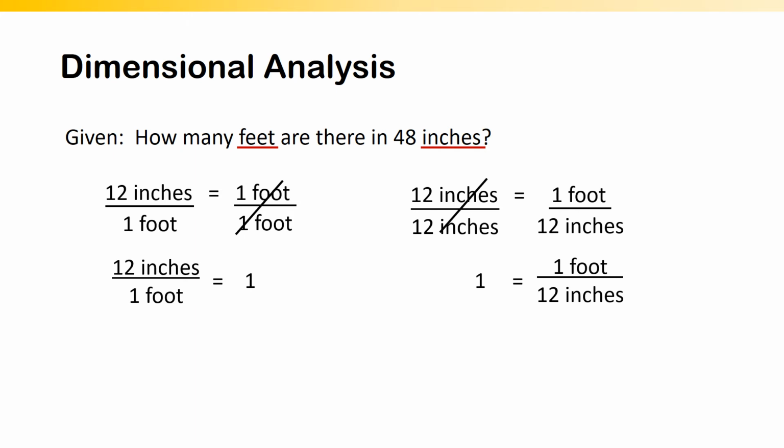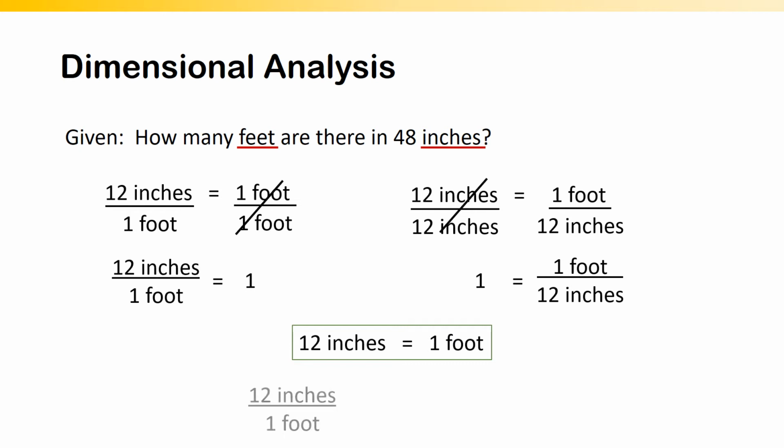And is that true? Yeah, it is. So from our relationship of 12 inches equals 1 foot, we are able to get two fractions that can be used as conversion factors. We could use 12 inches over 1 foot, or we could use 1 foot over 12 inches.